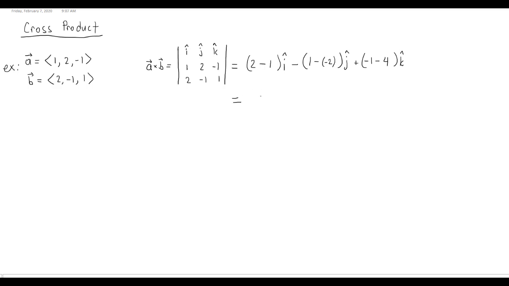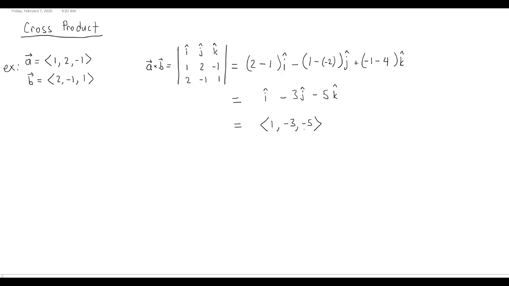Alright, if we put that all together, we have 1i, minus 3j, and then minus 5k. Or if you prefer, we can write it as the vector 1, minus 3, and minus 5.